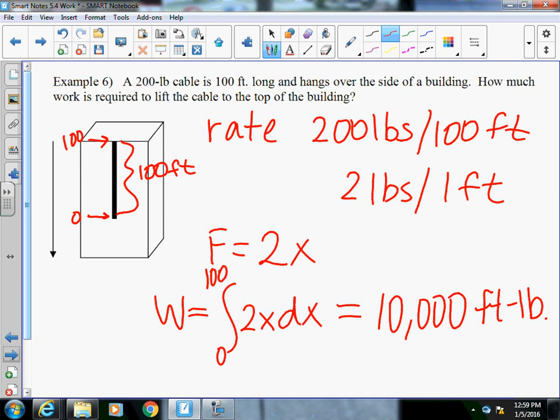So if they would ask you to lift the first 50 feet of a 100-foot cable that's hanging over a building, you would want to do the integral from 50 to 100. The bigger numbers, because you are lifting the heavier portion of the rope. So keep that in mind.